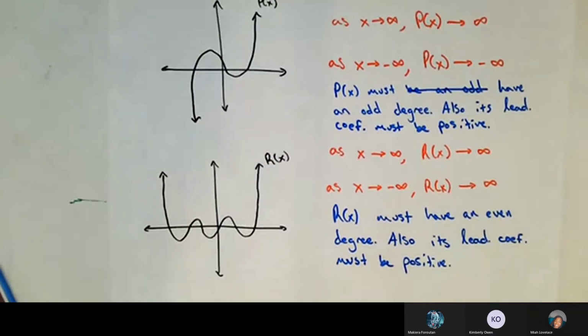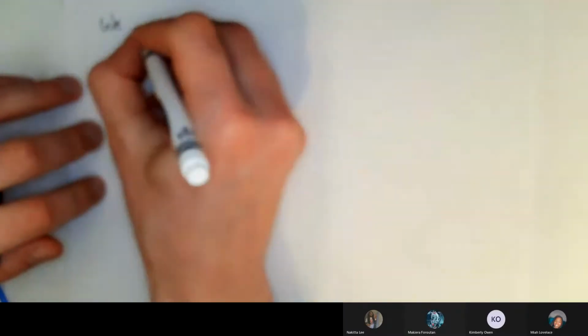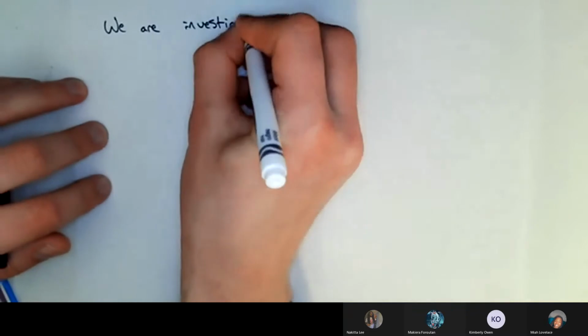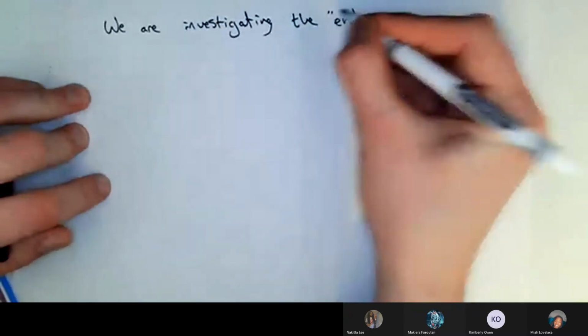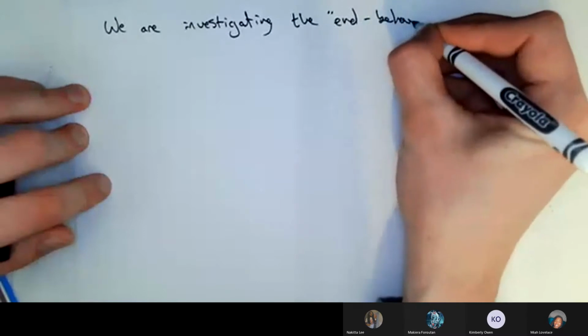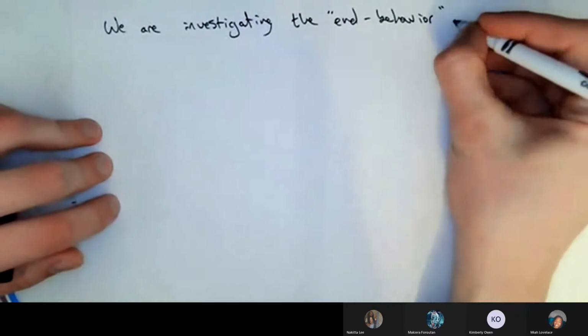So what we're investigating here is called the end behavior of a graph, the end behavior of a polynomial function. If you wanted to give a name to all this crazy infinity business, it's called the end behavior.